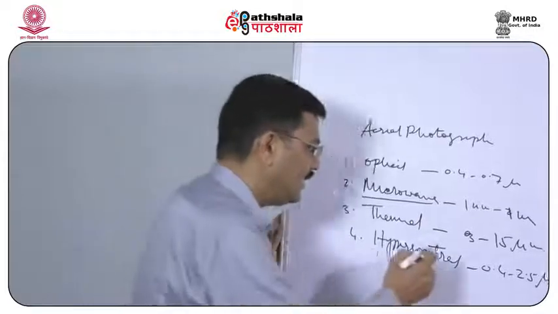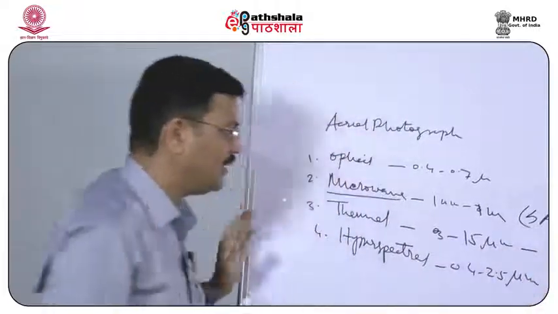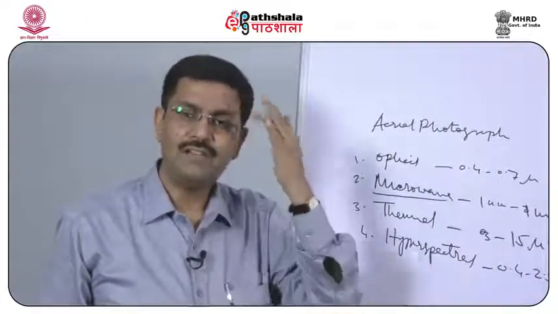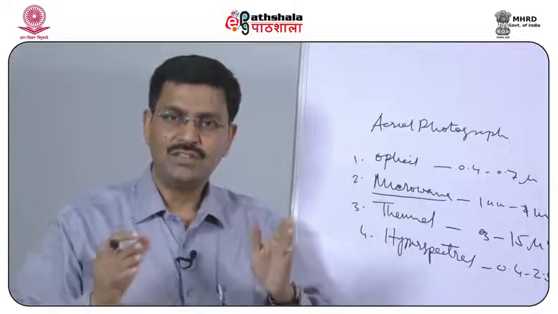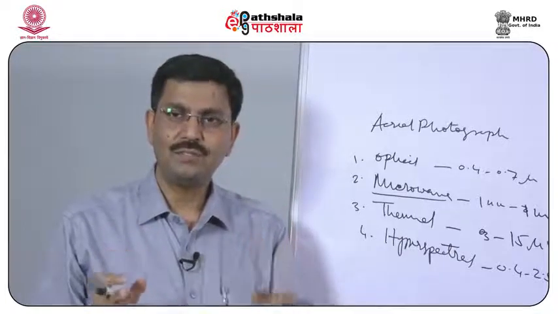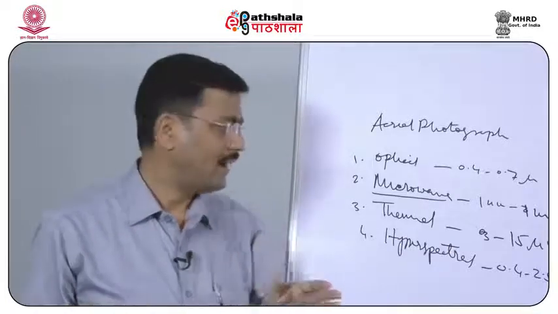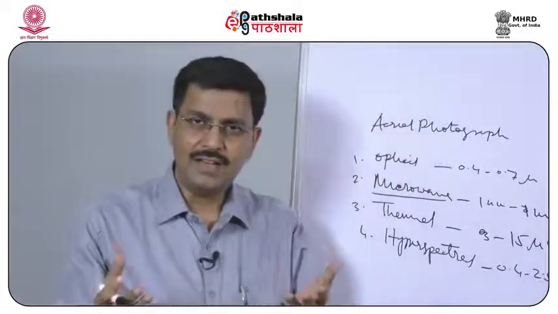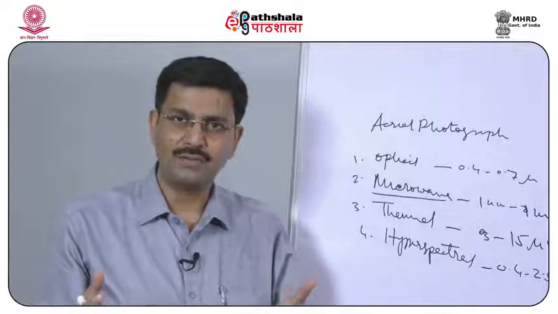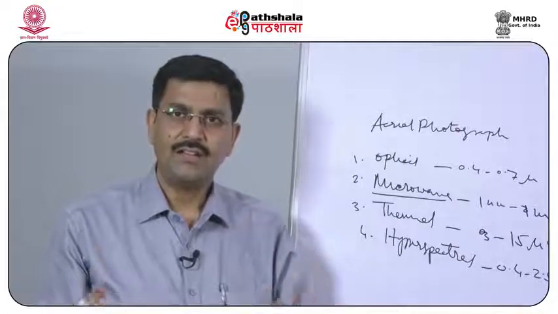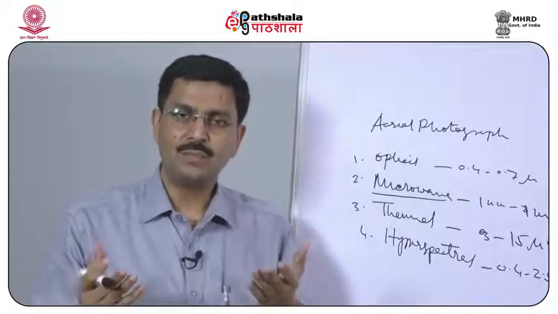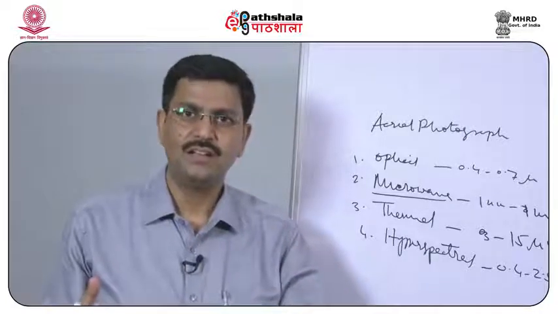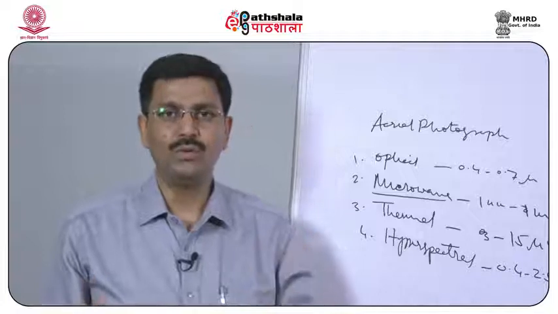Now, if we see the thermal data, which senses somewhere between 3 to 15 micrometer, it takes the land surface temperature. If you take data of any particular part of the surface of the earth, there is a change in temperature: when there is sunlight the land surface gets heated, and then at night it gets cooled.